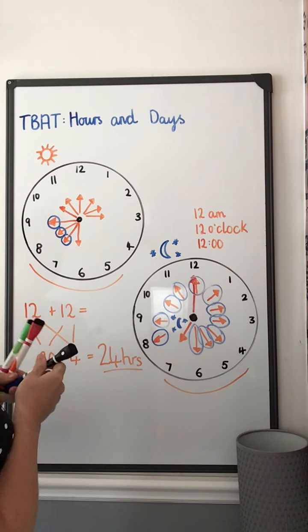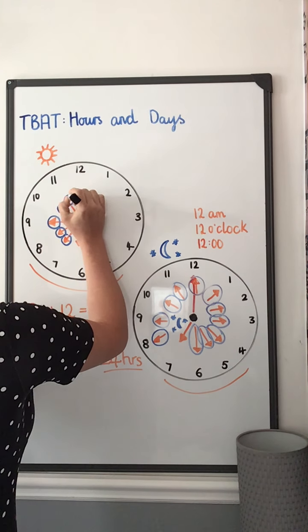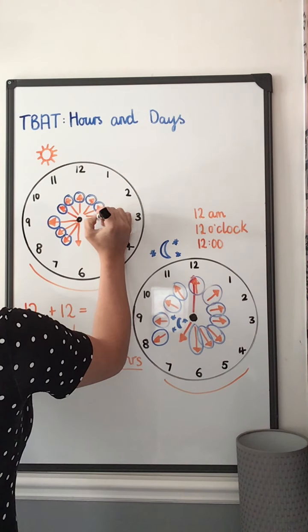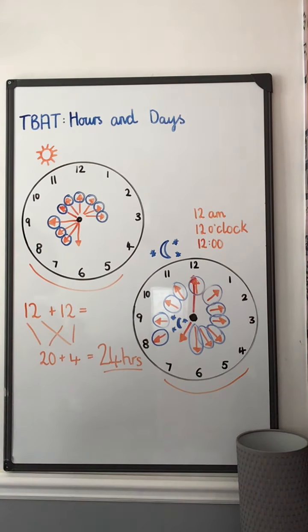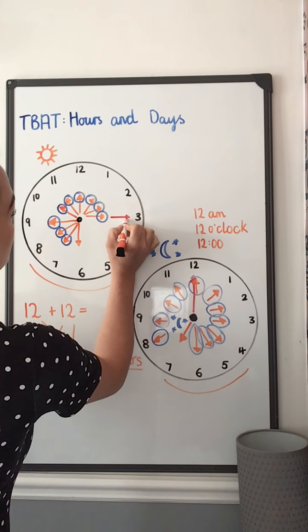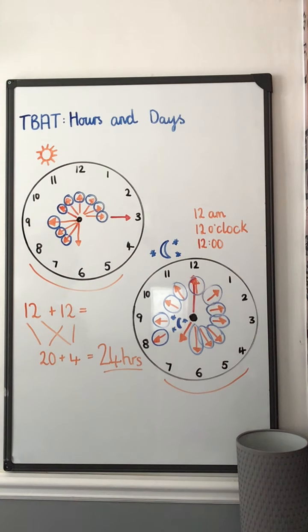So how many hours are you at school for? 1, 2, 3, 4, 5, 6. 6 hours. And then we know that we actually finish school at 3:15, so our minute hand would be here. So 6 hours and 15 minutes.